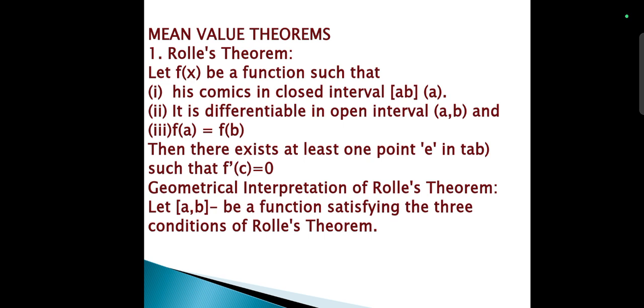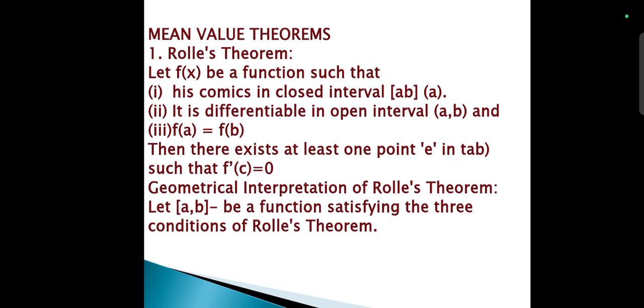It is differentiable in the open interval a comma b, and f of a is equal to f of b. Then there exists at least one point c in (a, b) such that f dash c is equal to 0. That should be satisfied.